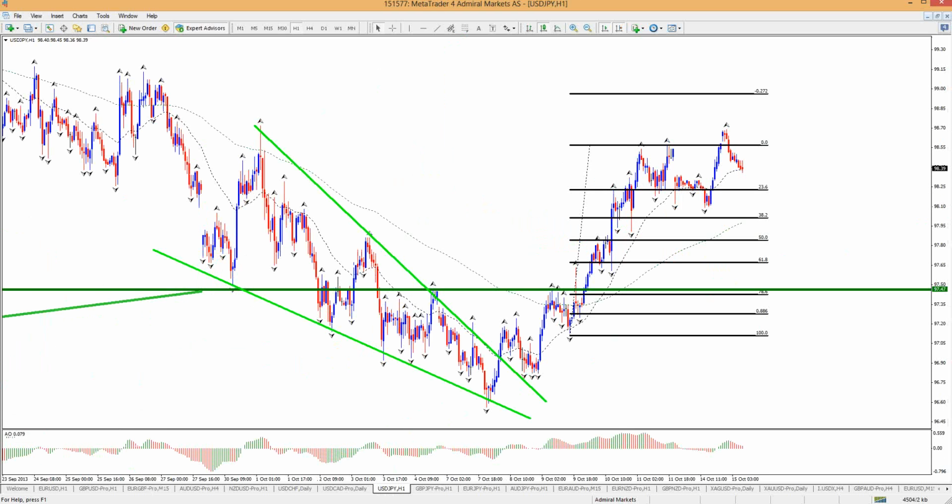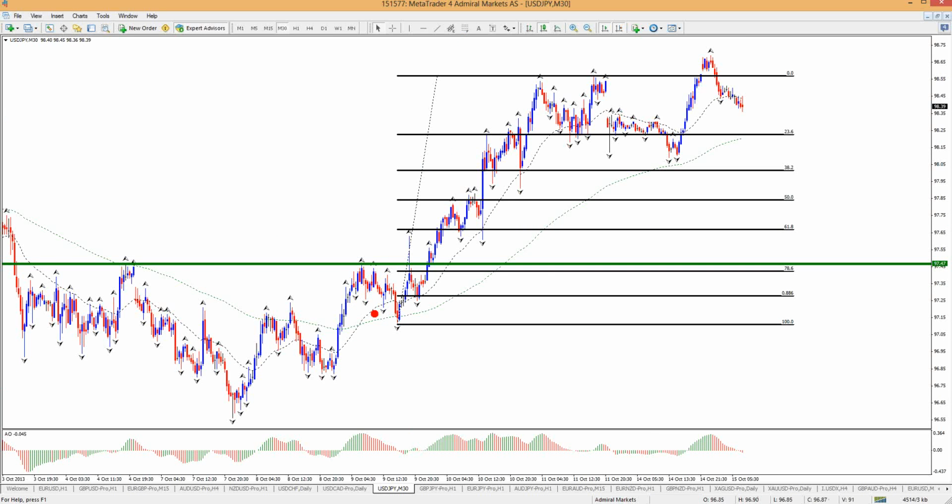Dollar yen. I think dollar yen is interesting. We've had a nice trend to the upside here. There's a bit of a correction here and a good impulse continuation.